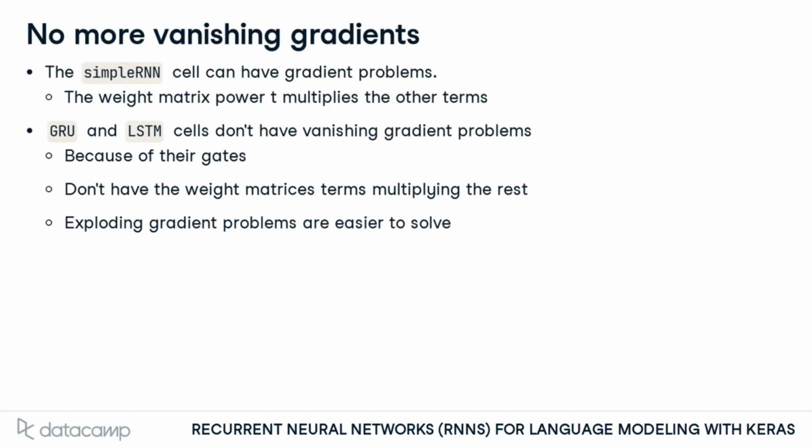Because GRU and LSTM cells add gates to the equations, the gradients are no longer only dependent on the memory cell state. The derivative of the loss function with respect to the weights matrix depends on all the gates and on the memory cell, summing each of its parts.